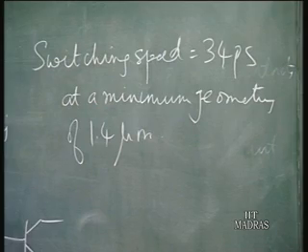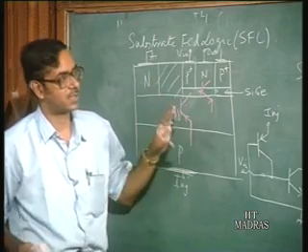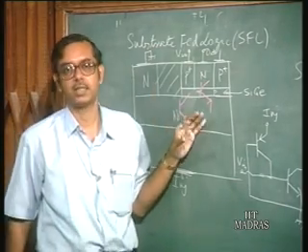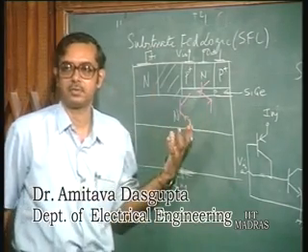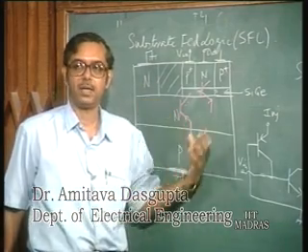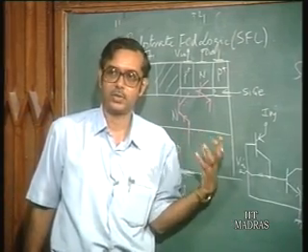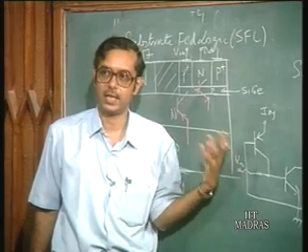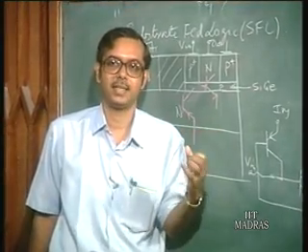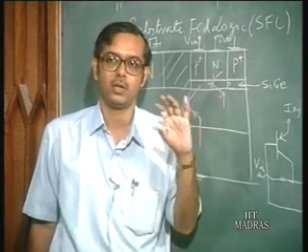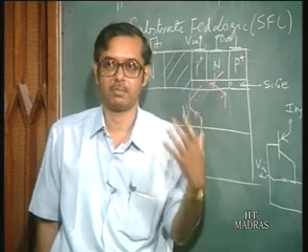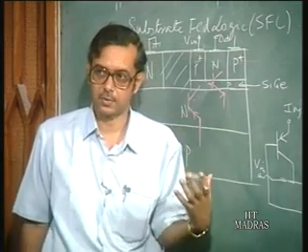What I want to impress by going through this is, number one, there is still a lot of interest in I²L as a logic family, although it had a problem of high speed, and people are working on it to reduce the delays and see how it can be improved, because I²L has its inherent advantages: low power dissipation and high packing density. If you can couple speed with that, it is going to be a very powerful logic family.